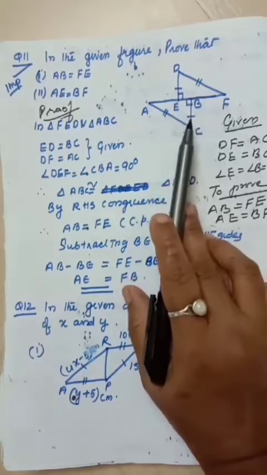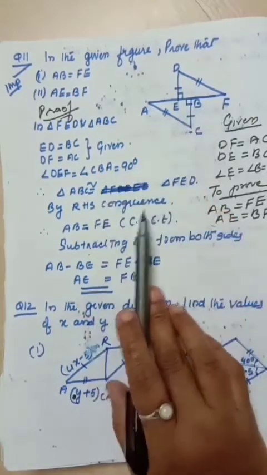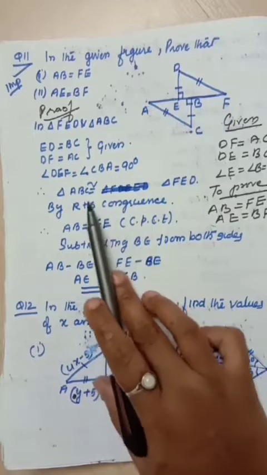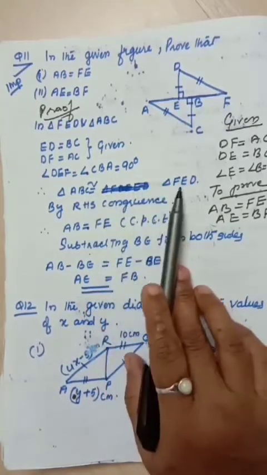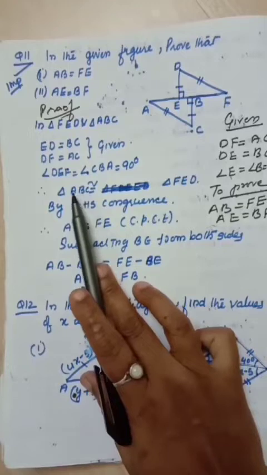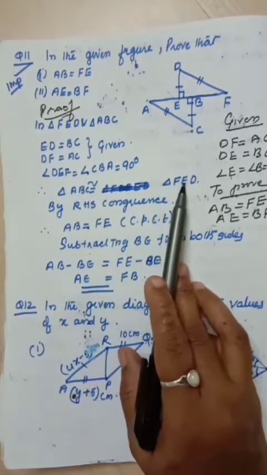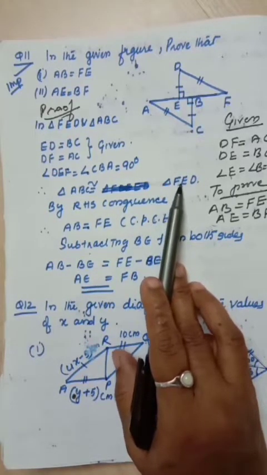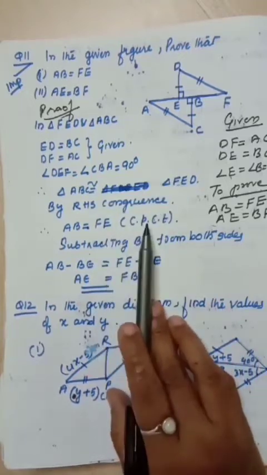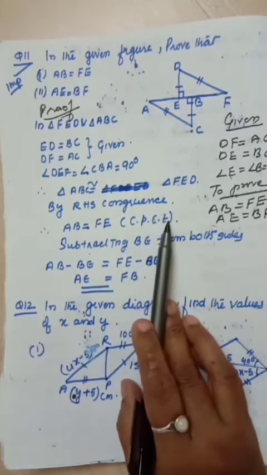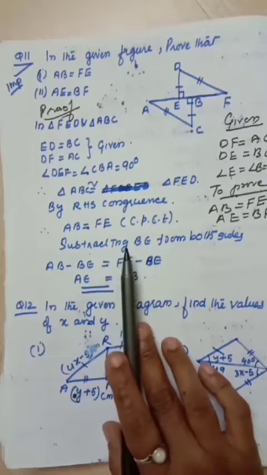Hypotenuse and one side equal, then you can apply RHS congruence. By RHS congruence, these two triangles are congruent. Then first two letters are equal to first two letters of the second triangle. AB equal to FE by CPCT.